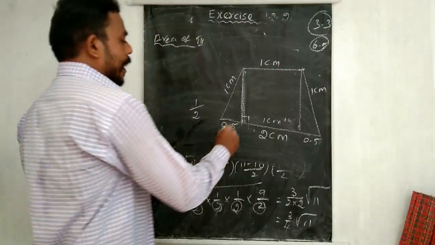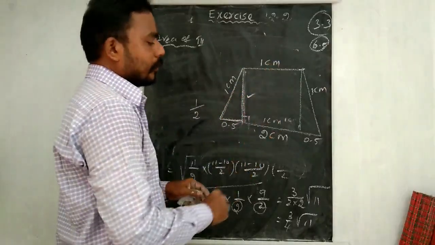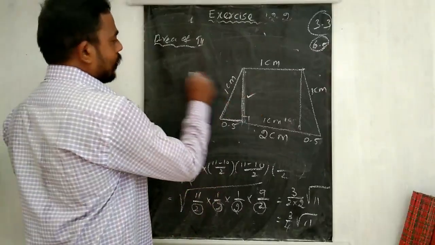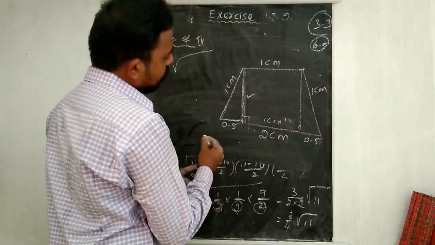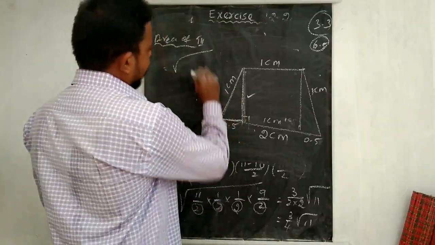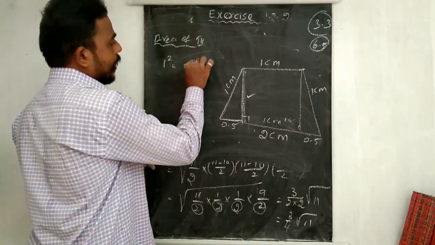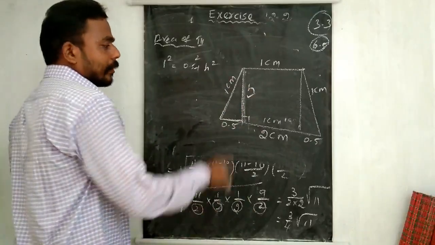If this is 0.5, this is 0.5, this is 1, I can find this value by using a right angle triangle. So this value equals root of, hypotenuse squared equals 1 squared equals 0.5 squared plus this height squared. This is the height because this is the 90 degree.